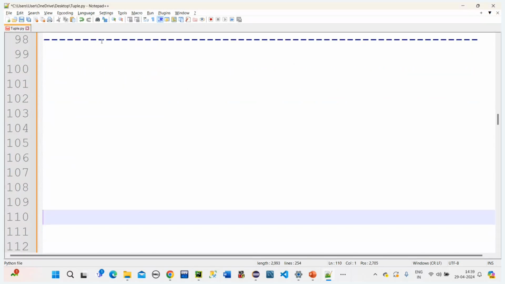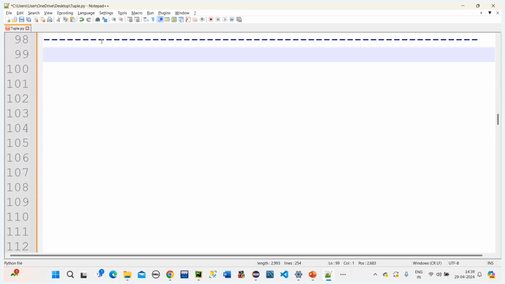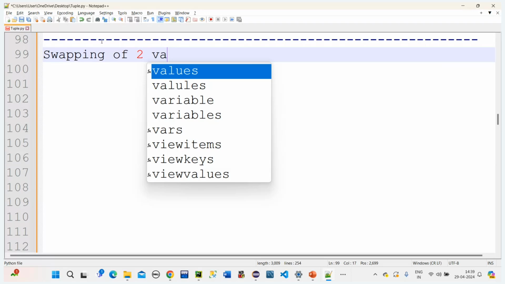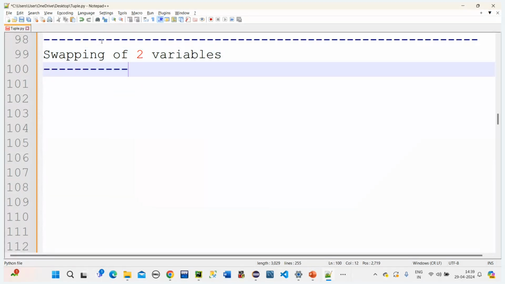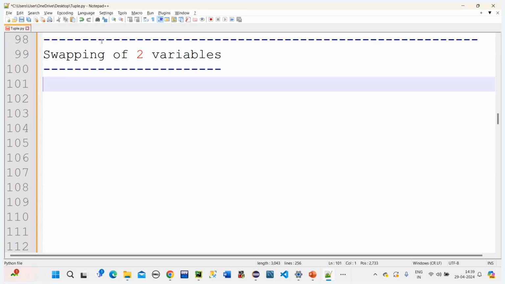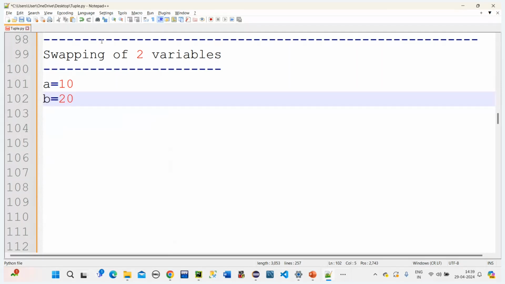Now, what other things can also be done with this? Swapping of two variables. For example, A is equal to 10, B is equal to 20. Guys, you all know the meaning of swapping.